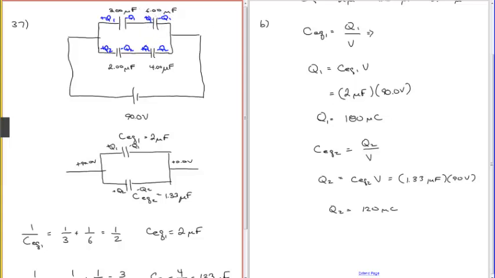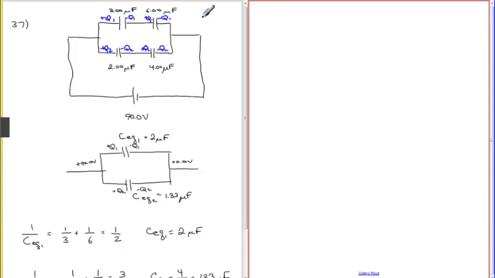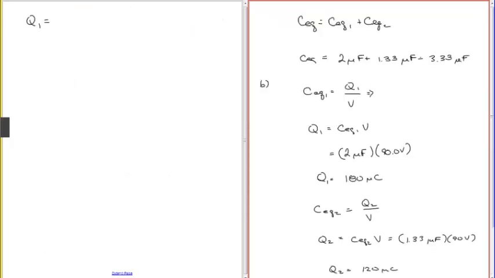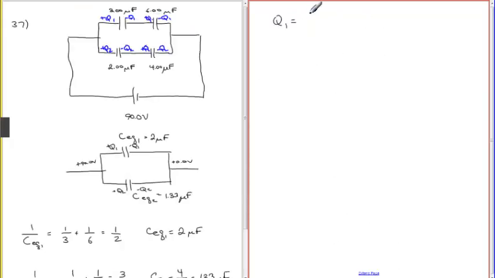So I'm going to insert a page right here. And what we knew was that Q1 was equal to, what was it equal to? 180 microcoulombs. Q2 was equal to 120 microcoulombs. So we apply the definition of the capacitance to each one of these using these charges.